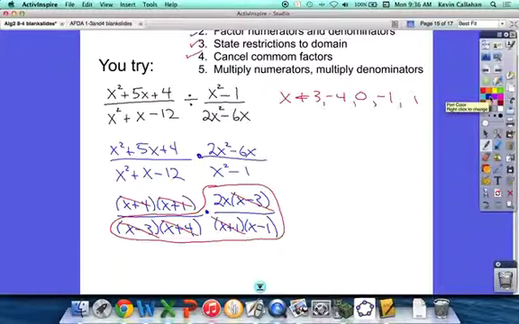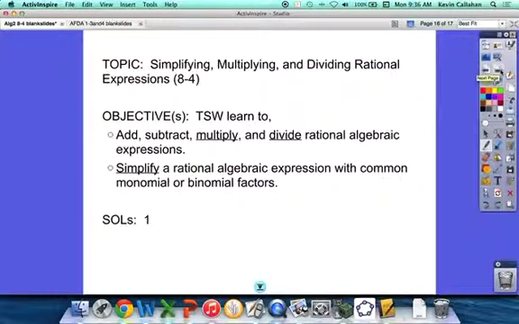So that will be 2x and x minus 1. Piece of cake, right? Check. So that was it, right? We simplified, we multiplied, and we divided. And next class, we got to add and subtract.